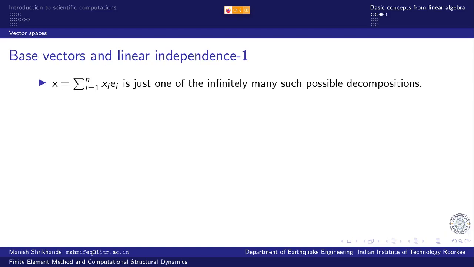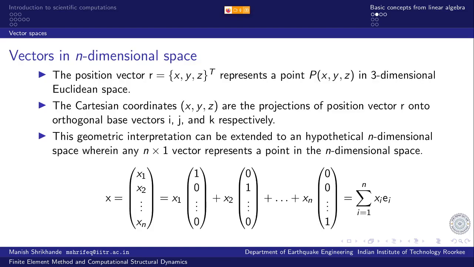Now these Euclidean base vectors are only one of the infinitely many such base vectors. These are of course the most convenient of them.